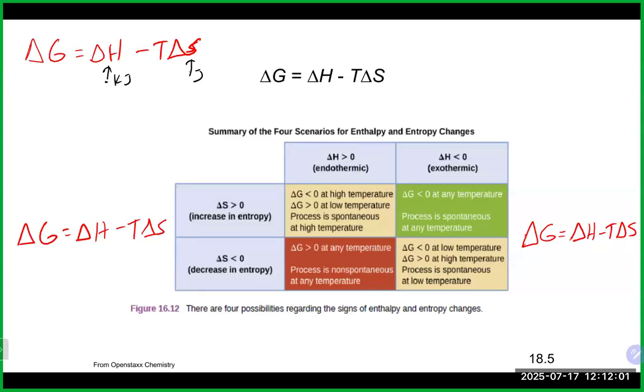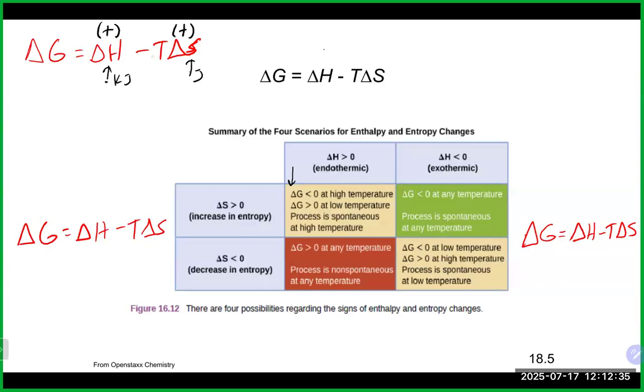In this first box, we have an endothermic reaction, which means our delta H is a positive number, and we have an increase in entropy, which means delta S is a positive number. We can predict that this reaction would be spontaneous only at high temperatures.